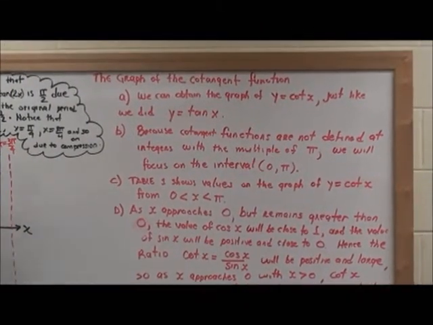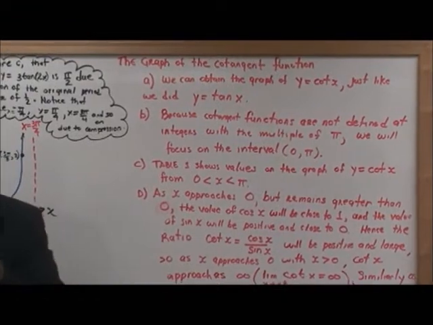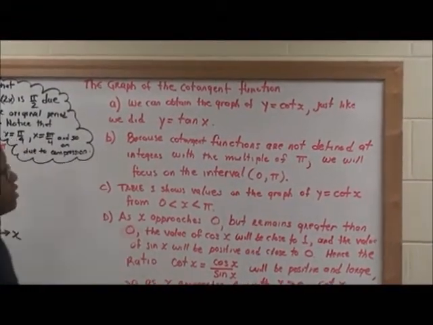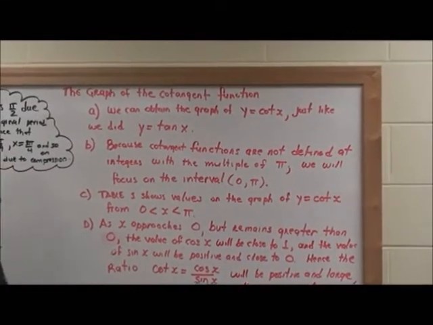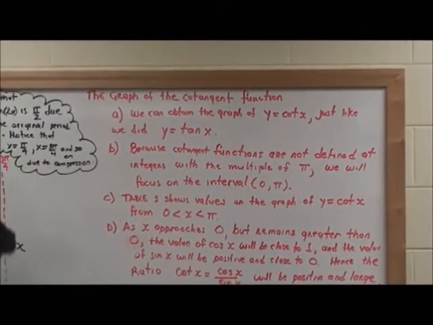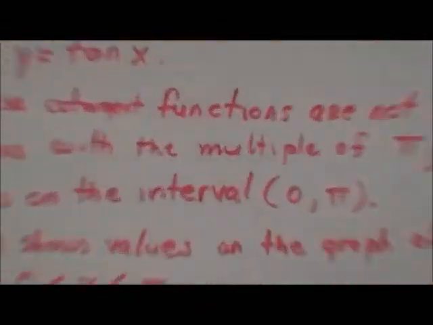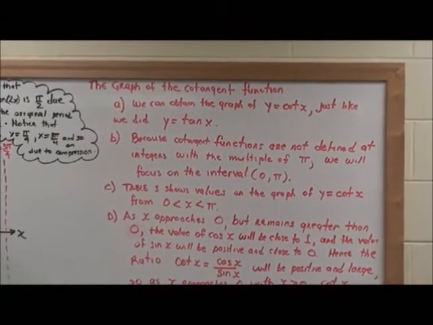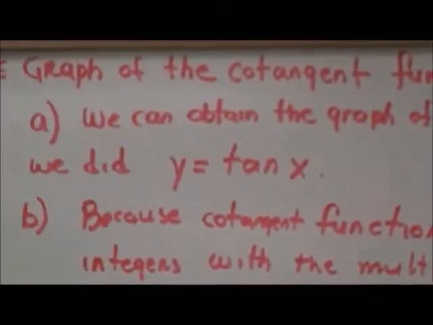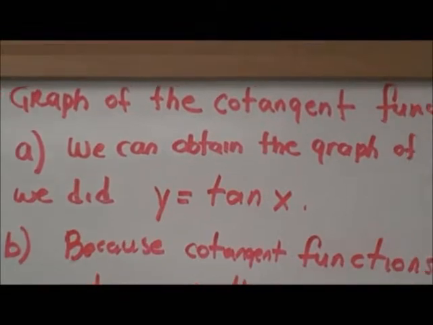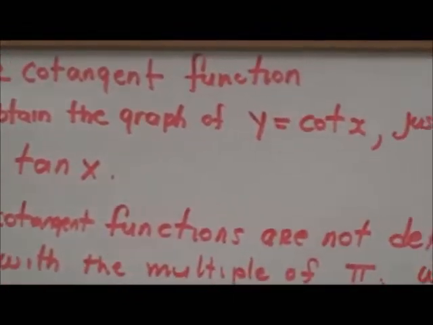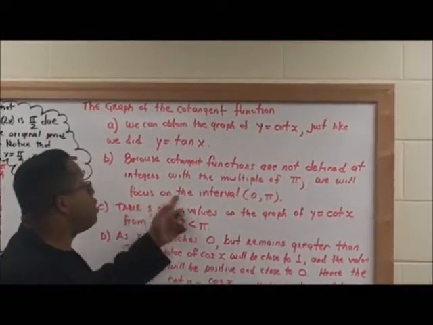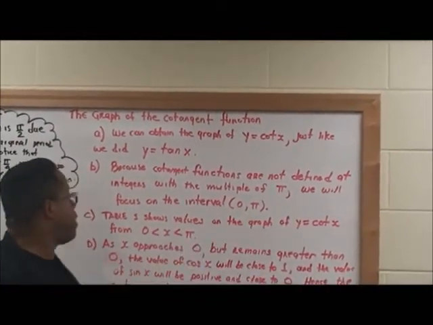Okay, so that concludes the portion on tangent functions, right? Now we're going to talk about cotangent functions. And cotangent functions are very, very important as well. We can obtain the graph of cotangent x just like we did with y equals tangent x. Because the cotangent function is not defined at integer multiples of pi, we will focus on the interval from 0 to pi.